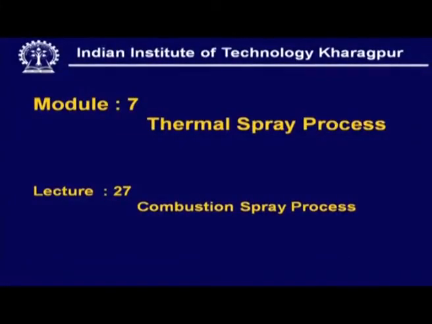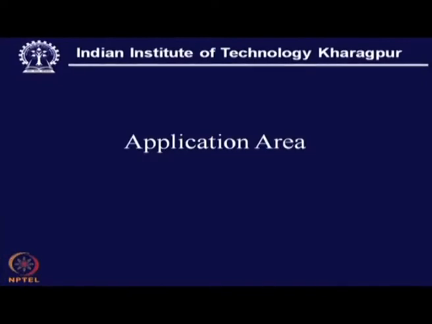Today we shall discuss this topic of thermal spray process, and it includes both combustion spray process and plasma spray process. This combustion spray process we can also call the flame spray process.